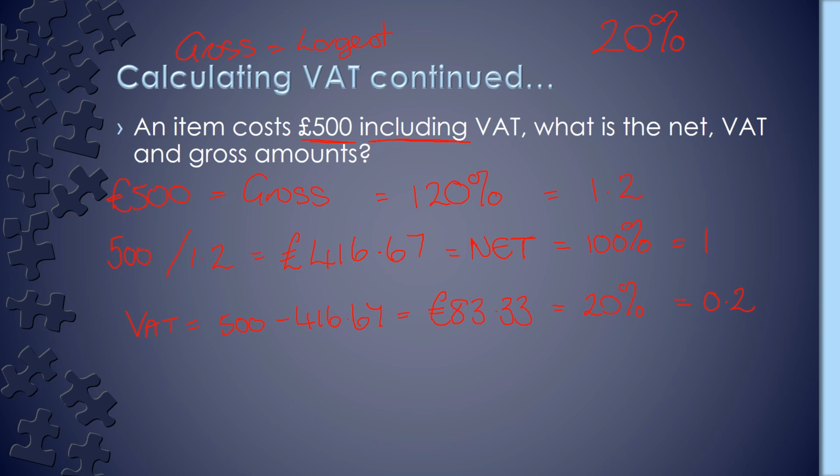Okay, so I'm going to do our net amount that we've just calculated, which is 416.67. I'm going to multiply it by 0.2, and that gives me 83.33. So that's our VAT rate here.